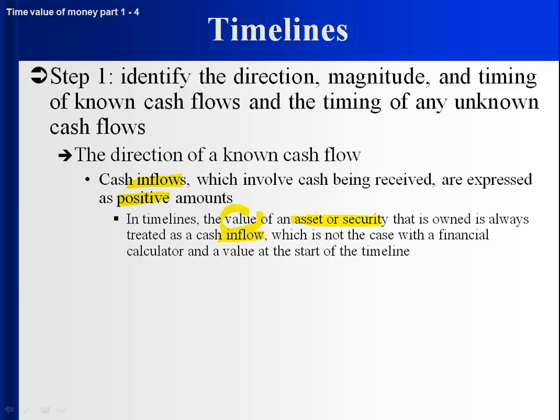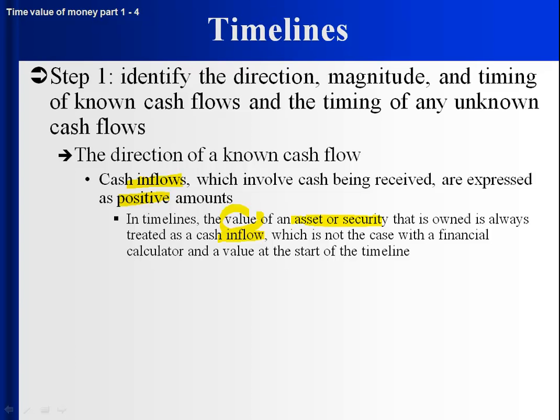That's a little bit different than with the financial calculator, where we have the sign convention where sometimes if it is at the beginning of a period, even if we own it, then we reflect it as a negative. We assume we put the money in, that's how we got it, and then we want to see what the future value is, that's how much we would get back.